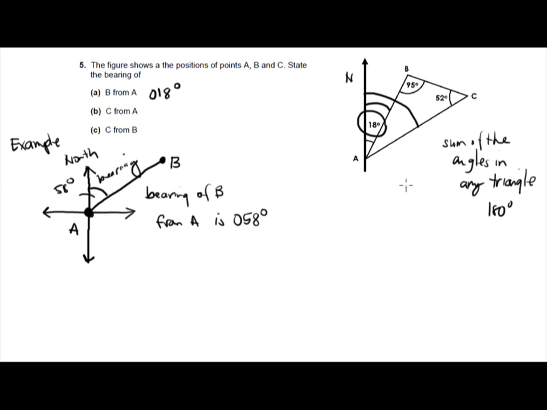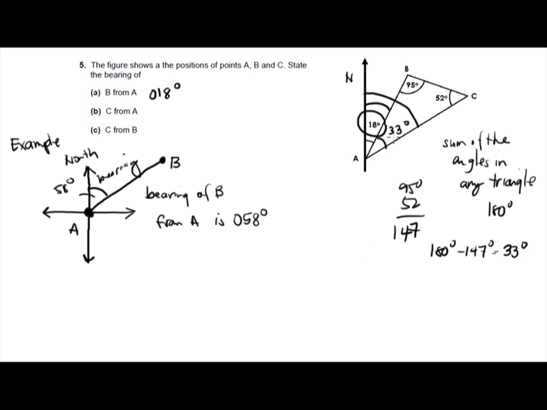So if this is already 95 degrees and the other one is 52 degrees, that is 147. To find this angle, all you have to do is subtract 147 degrees from 180. So 180 degrees minus 147 degrees is 33 degrees. So this angle here is 33 degrees.